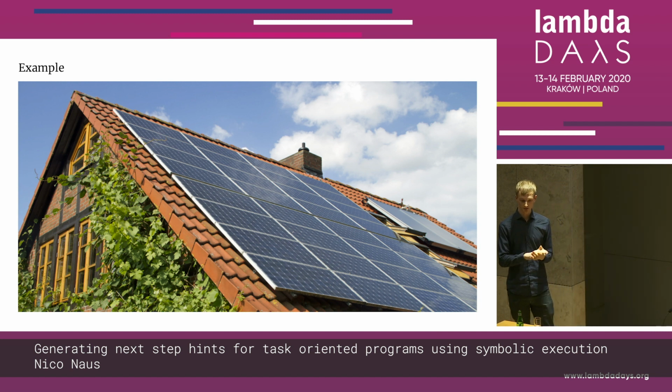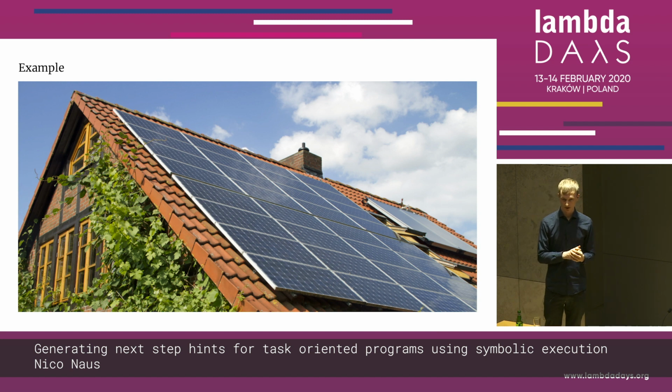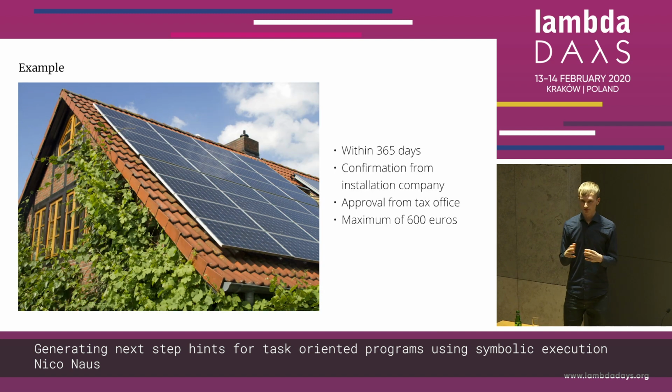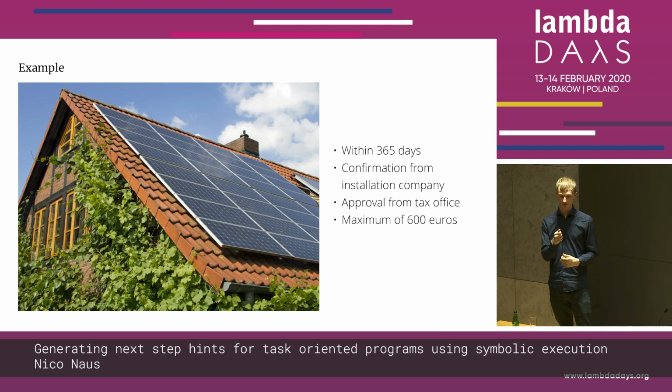So if you get solar panels on your roof, you can get some money back from the government. Of course, there are a few constraints. You need to apply for the subsidy within 365 days of installation, and an installation company needs to actually confirm that they were at your house. And then you need approval from the tax office, and you can get at most a subsidy of 600 euros.